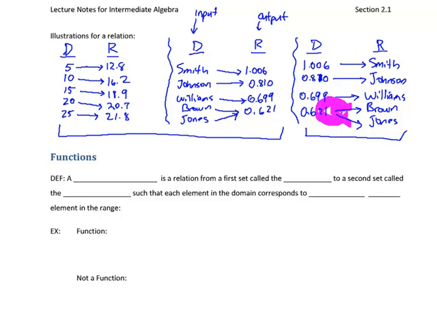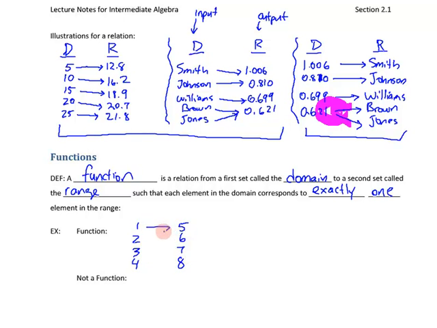So what we're going to do from this point forward is define a function to be what we have here on the left. It's a relation from a first set called the domain to a second set called the range, such that each element in the domain corresponds to exactly one element in the range. So for every input, you're going to have exactly one output. For example, a function might be something that has as its domain 1, 2, 3, 4, and as its range 5, 6, 7, 8.